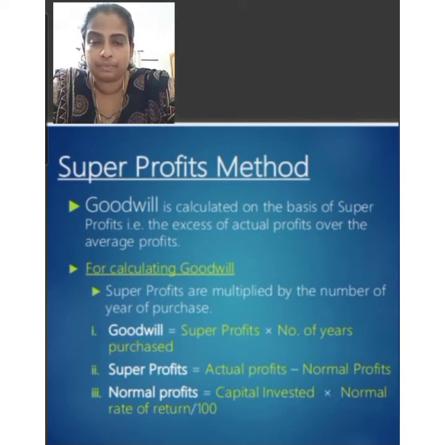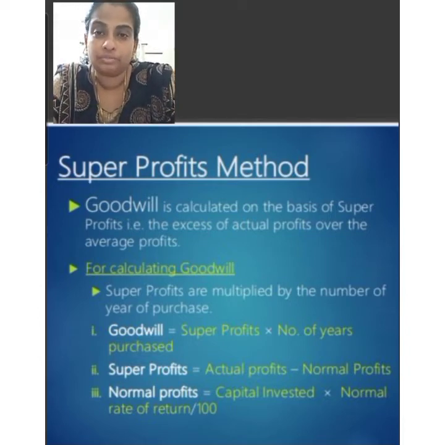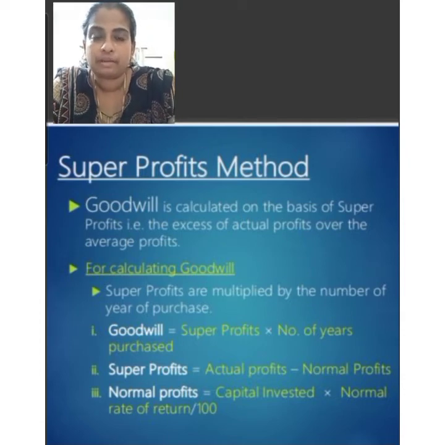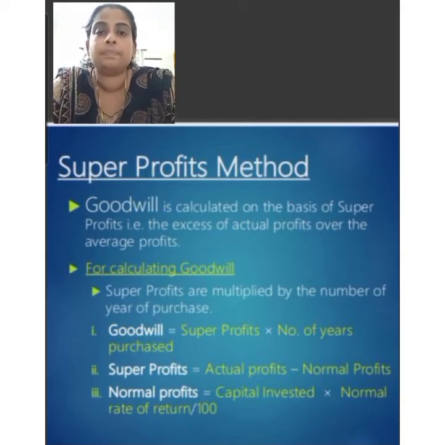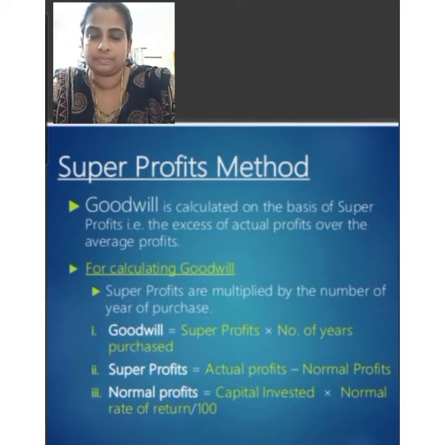For solving the problem, what are the important steps to be taken for calculating the amount of goodwill? First, we have to write the equation for calculating goodwill, that is, super profit into number of years purchase.